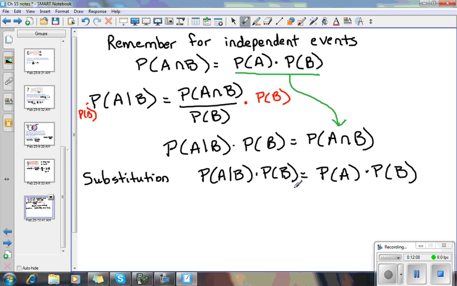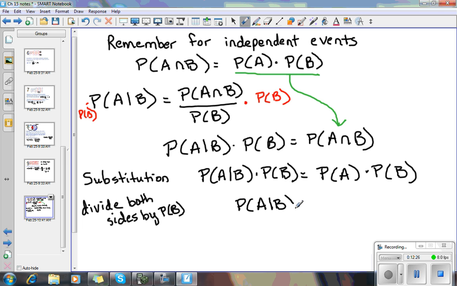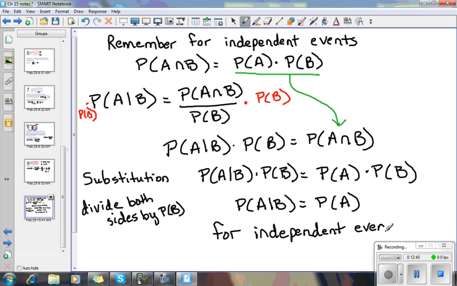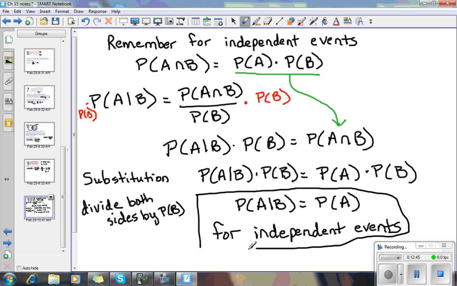But notice if I divide both sides by the probability of B, again some simple algebra, I get the probability of A given B equals the probability of A. And this is true for independent events. So kind of important, so I'm going to put a box around that.